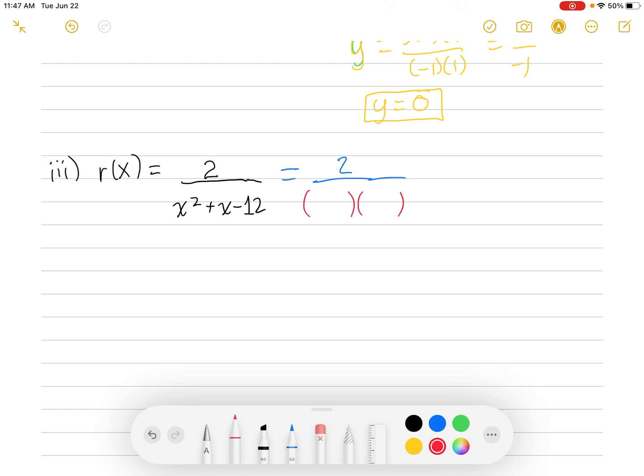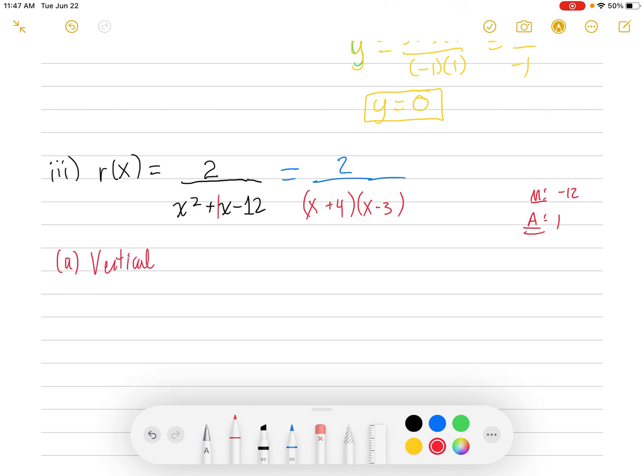So I'm just going to copy down 2 on top. I'm going to factor the bottom into its 2 factors. So I want in the first parentheses an x, second parentheses an x. We've got to find 2 numbers that multiply to give negative 12 and add to give 1. So positive 4 and negative 3 multiply to give negative 12 and add to give 1.